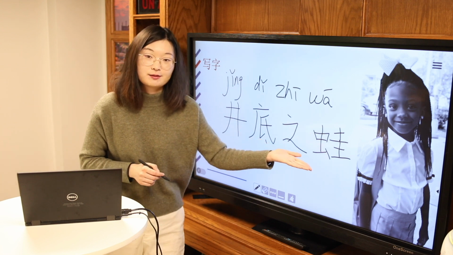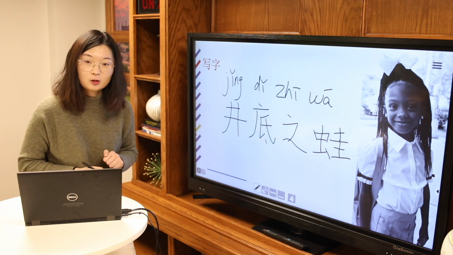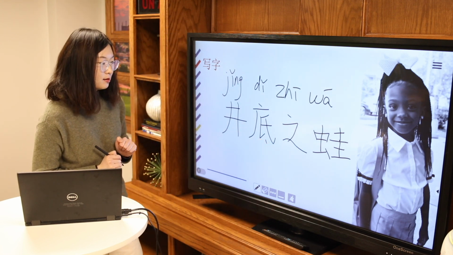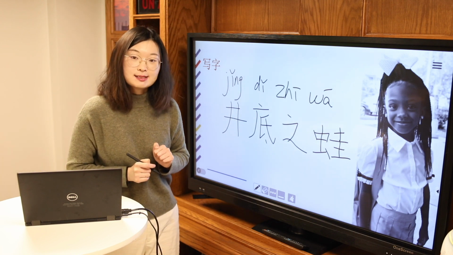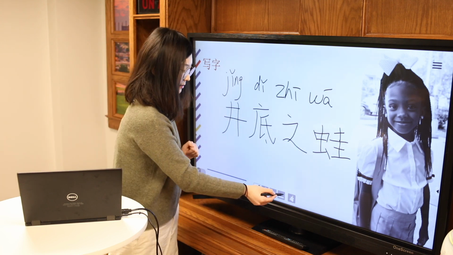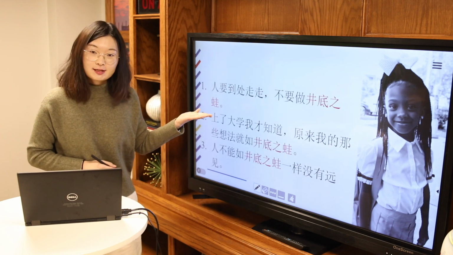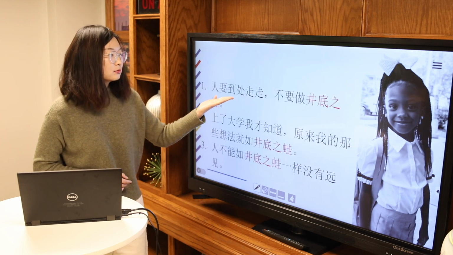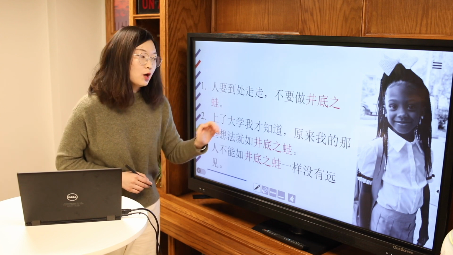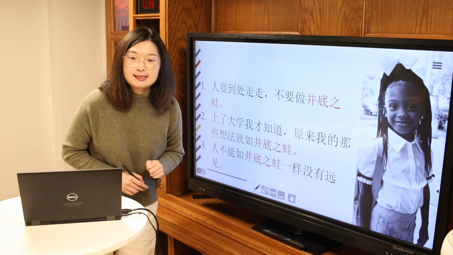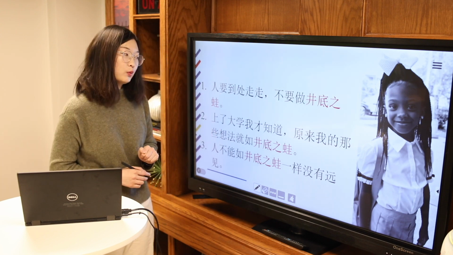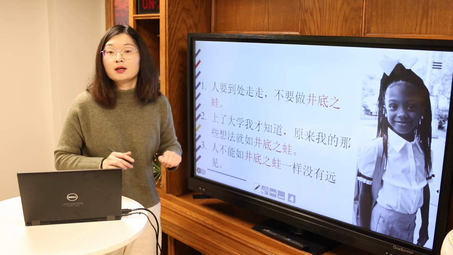One more time together. 井底之蛙. So the frog in a shallow well. So now let's see how we use 井底之蛙 in a sentence. So first example. 人要到处走走，不要做井底之蛙. So we should go out and see the big world.